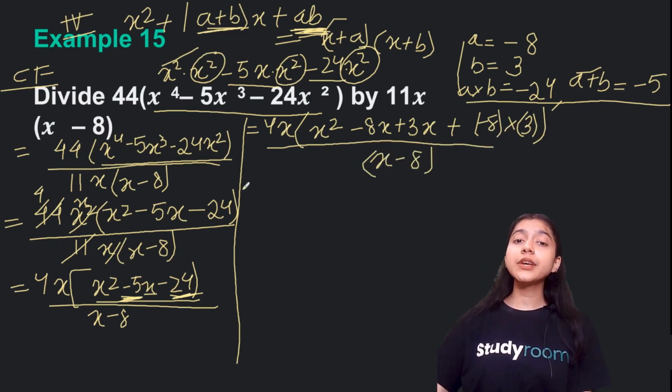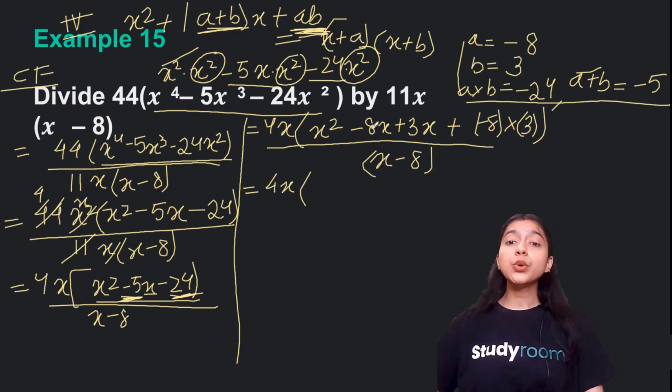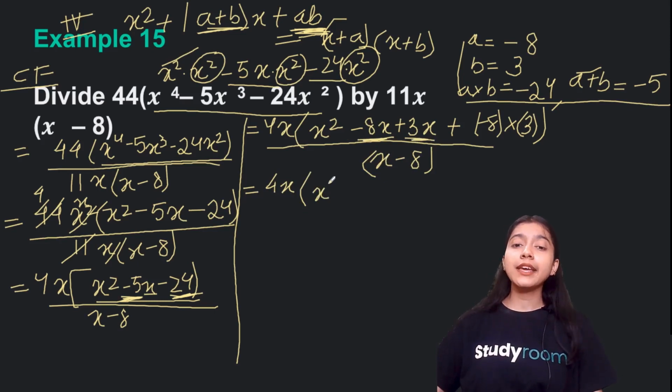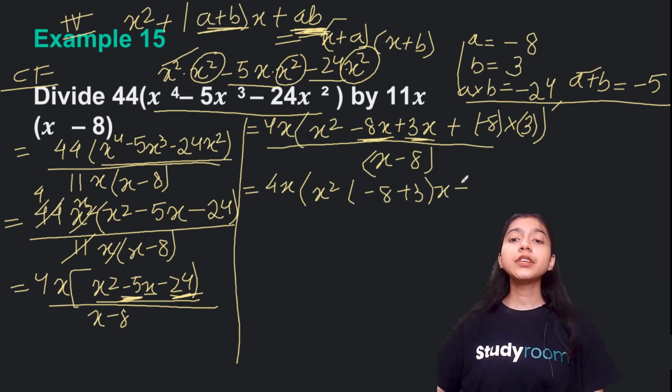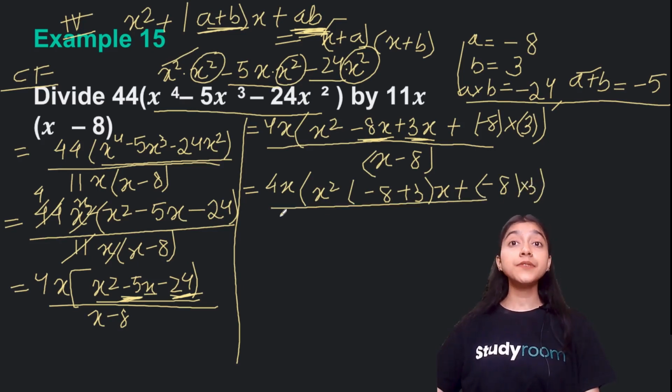Now what we have to do is, we have this 4x as it is. Now what we have to do is to take x common from these two terms. So we'll be left with x square, within bracket we'll have minus 8 plus 3 and then x, and over here we have minus of 8 multiplied with 3. And then it is whole divided by x minus of 8.